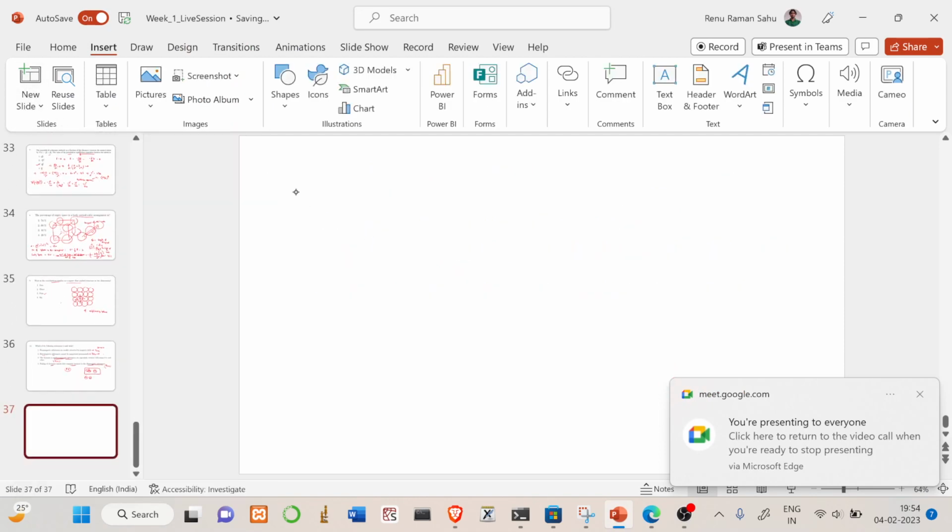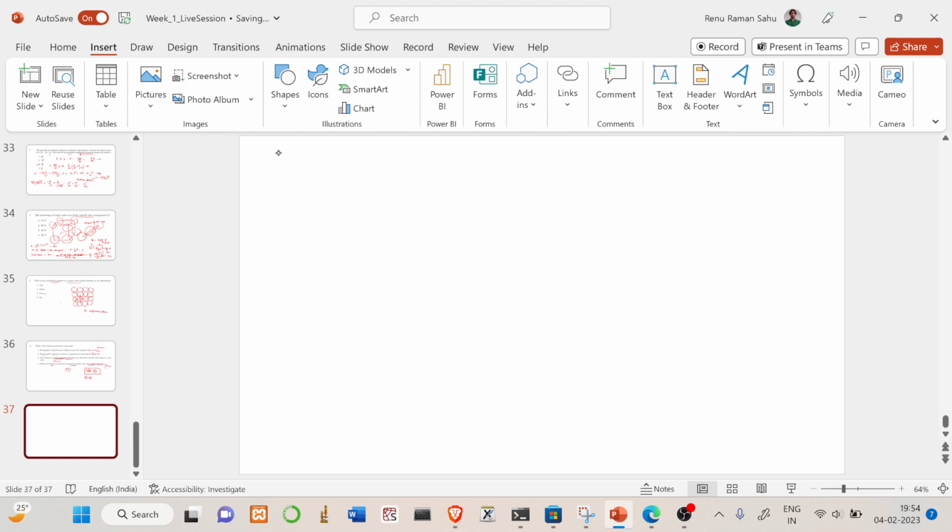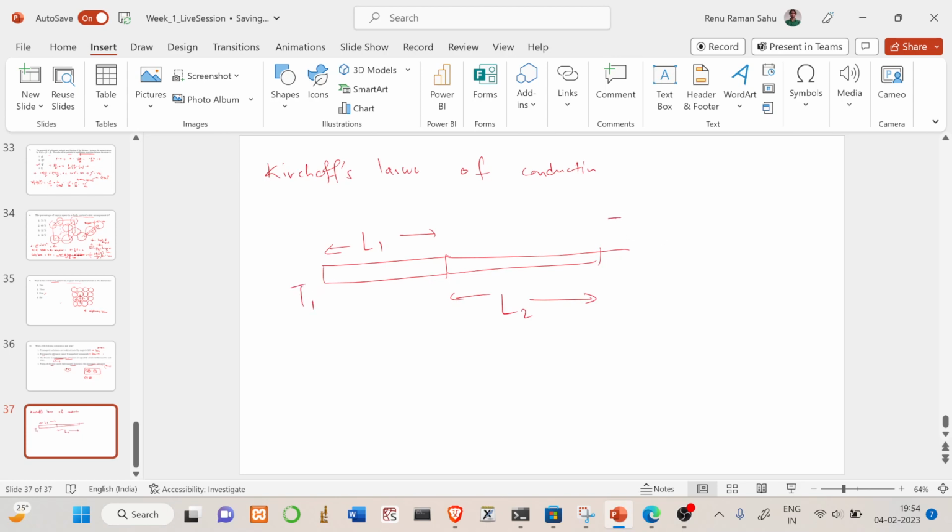Suppose, there is this thing called Kirchhoff's law of conduction. Suppose you have a bar, or in general some material, and it has a length L1 and a length L2, at temperature T1 and temperature T2.